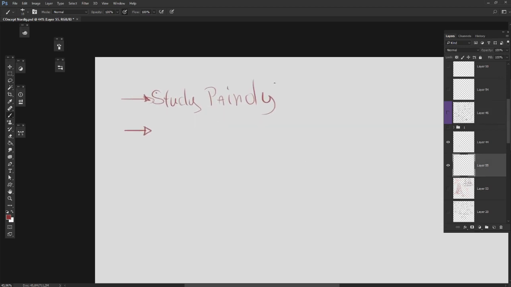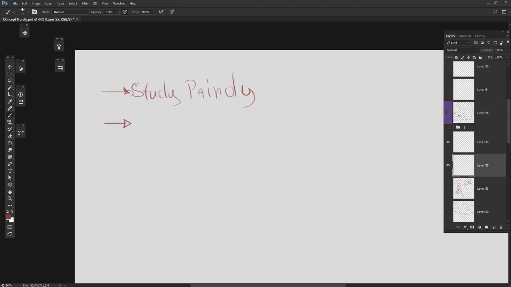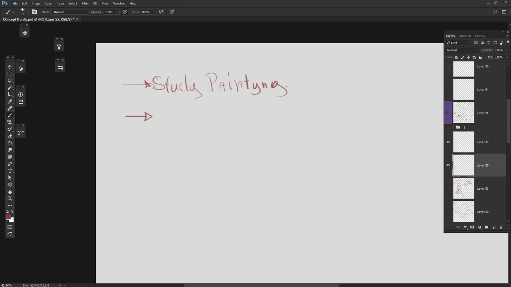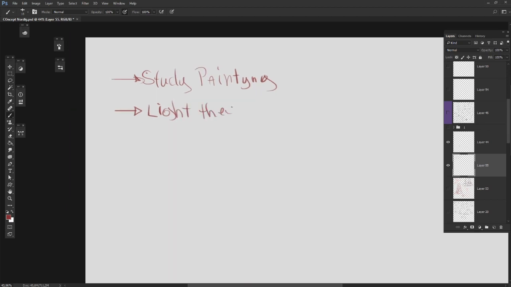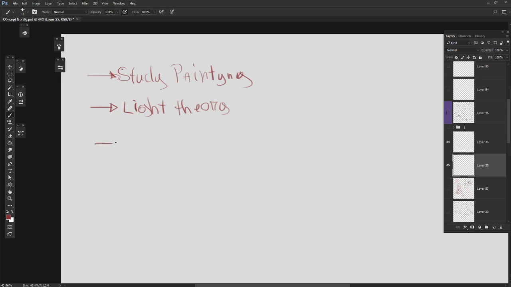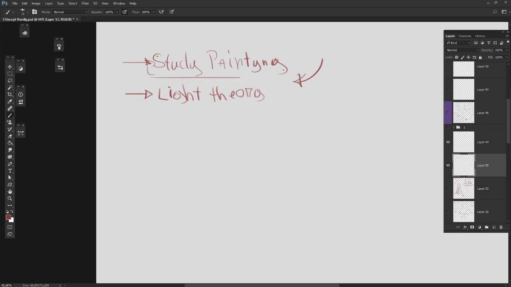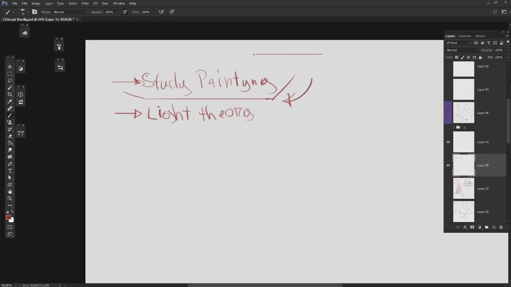So where we are. The next thing, next day, study paintings. I wrote it wrong. Painting. Light theory. And that's a maybe. Maybe I'm going to teach you because some people made some mood boards about open world, and I need to cover that.